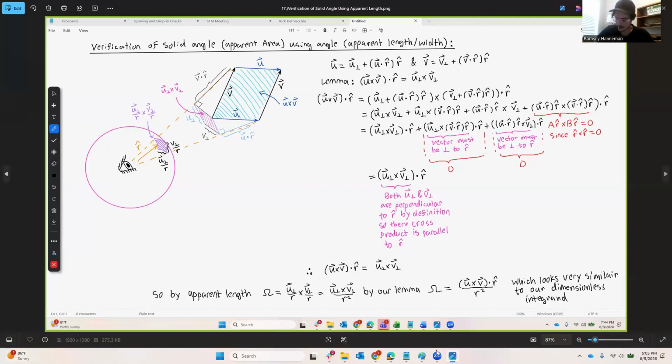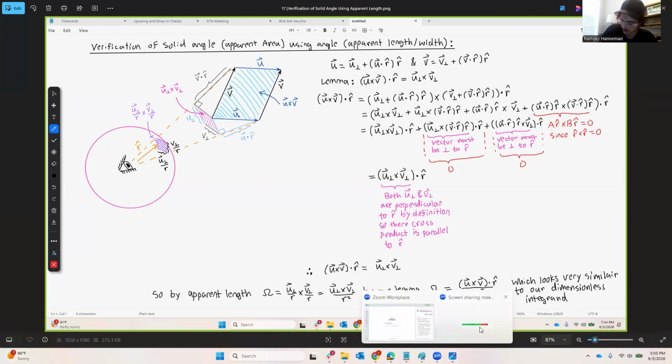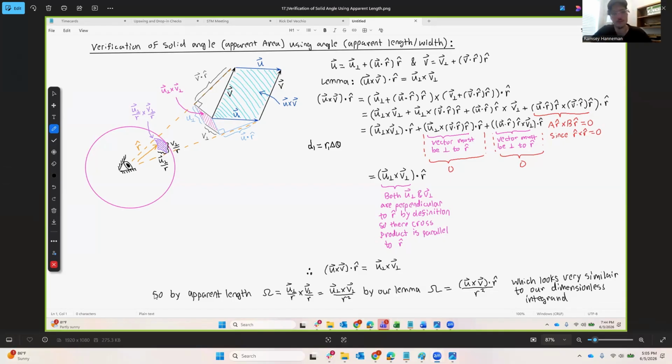All right, let's see here. Can you see this? Yes. All right. So we can write u in decomposition into perpendicular and parallel and v in the same way. And my lemma that I'm trying to prove is that u cross v dot r is nothing more than u perpendicular cross v perpendicular. Right. So I start with one end, the u cross v dot r.